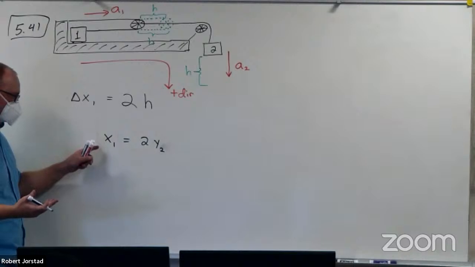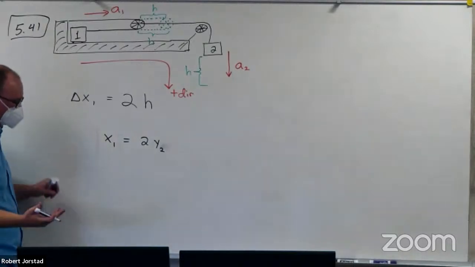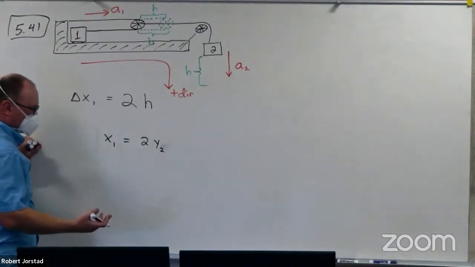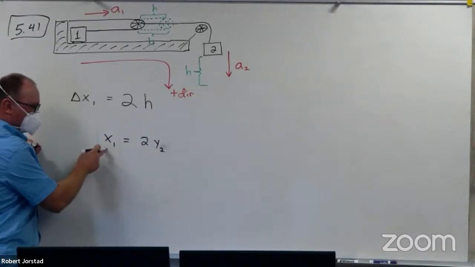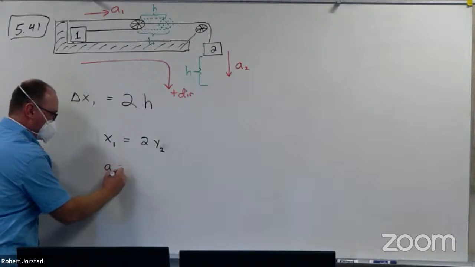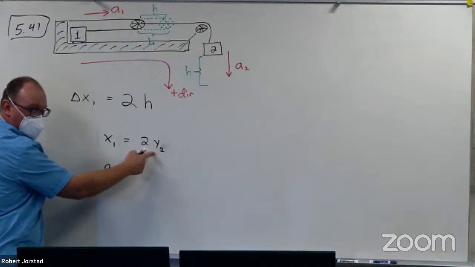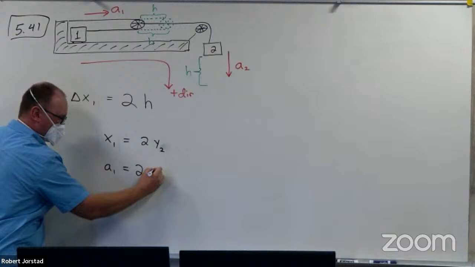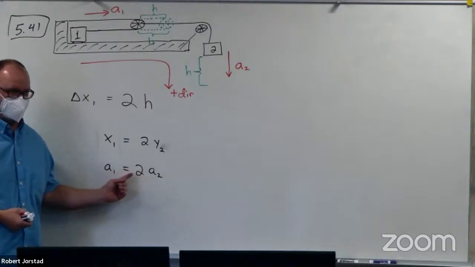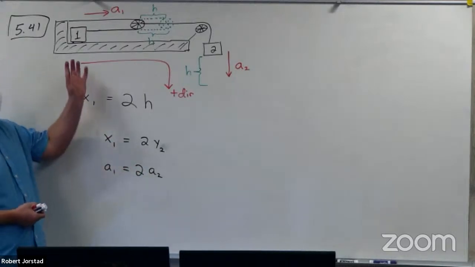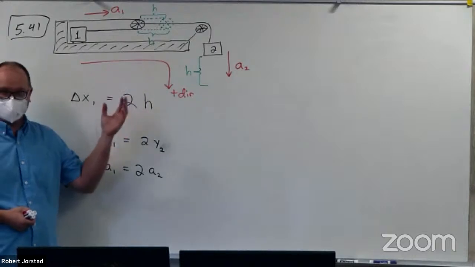How do you get from X to acceleration? You take the second derivative. If I take 2 derivatives of this, I'm going to get a1. If I take 2 derivatives of this, what do I get? We see we get an acceleration multiplier as well. If the object moves twice as far, it's going to accelerate twice as fast.